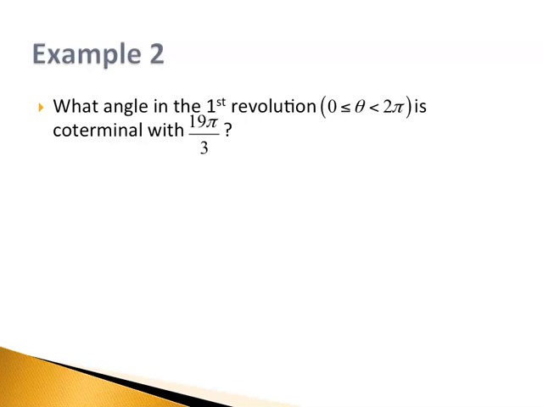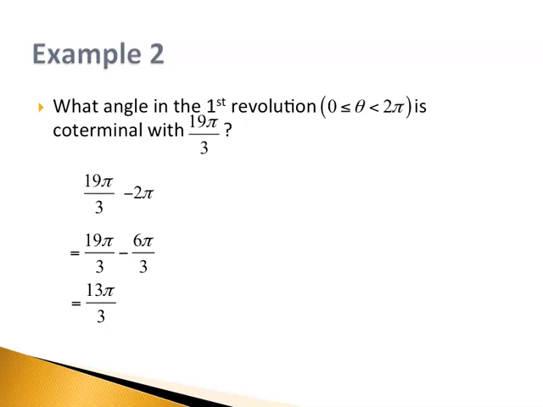So in order to get an angle that's coterminal, we want to keep subtracting 2 pi until we get a value between 0 and 2 pi. So let's go ahead and do that. So 19 pi over 3 minus 2 pi, that would be 19 pi over 3 minus 6 pi over 3, which is 13 pi over 3.